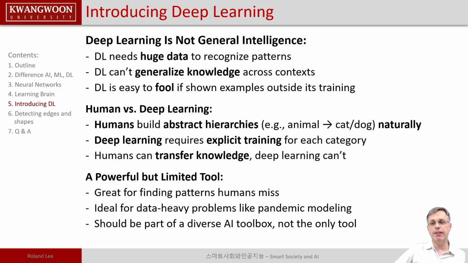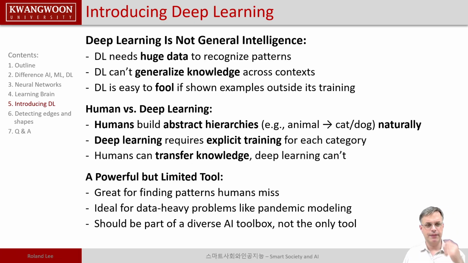And even with these limitations, deep learning is an amazing tool, but it should not be the only tool in the AI toolbox. Using deep learning to see patterns where humans can't is the perfect way to apply this technology. Patterns are an essential part of discovering new information.